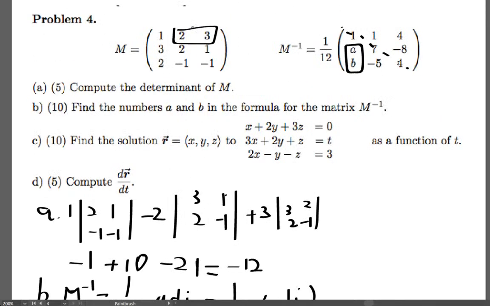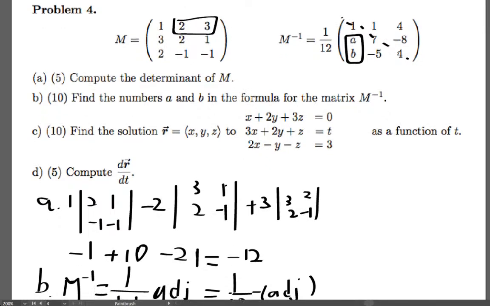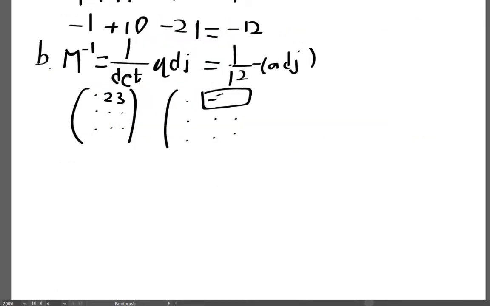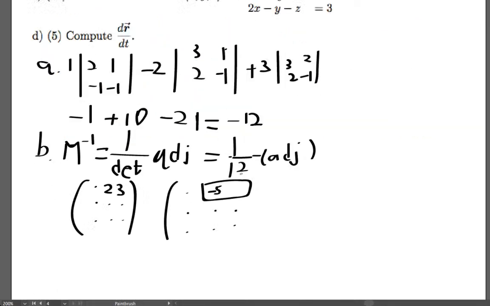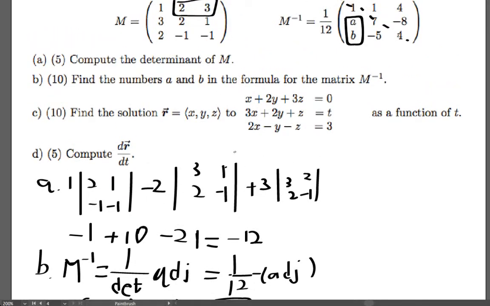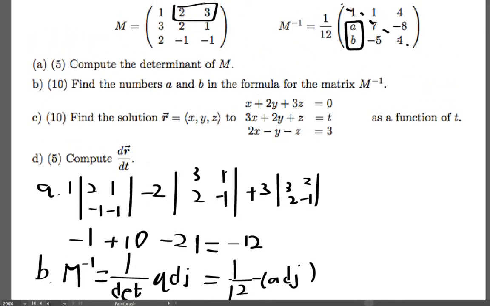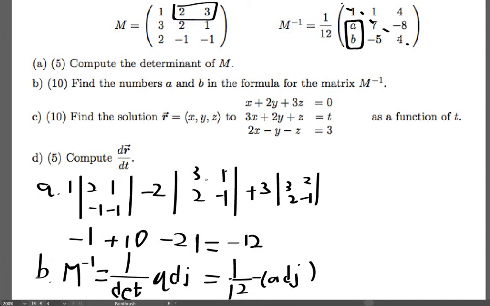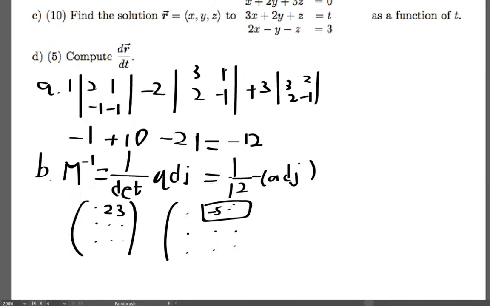To calculate what is at row 1 column 2, you just cross these out and then take the determinant. Same stuff. So that will be negative 5. And then for this one, cross out, negative 3, that's negative 7. You don't need to care about the plus and the minus sign first.